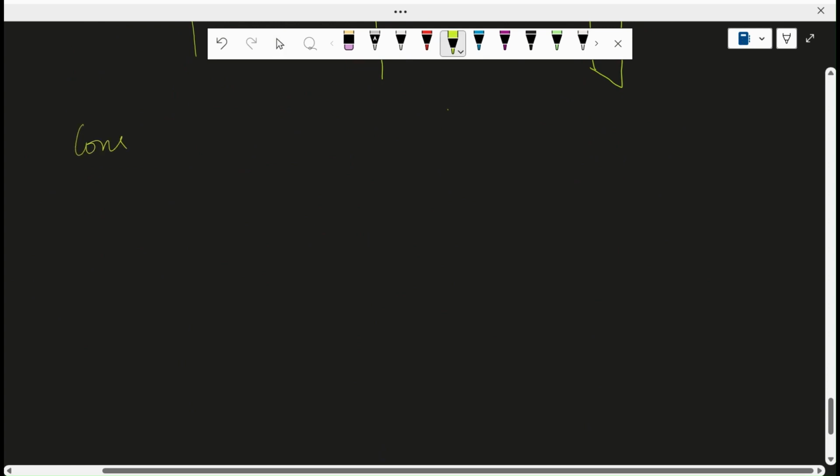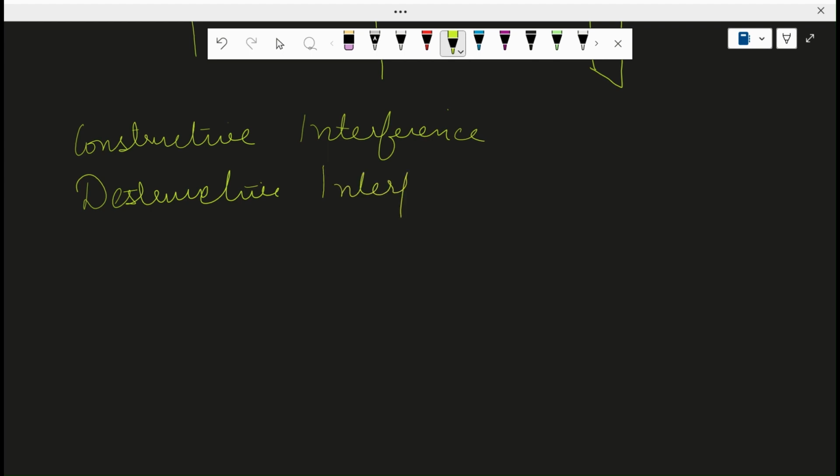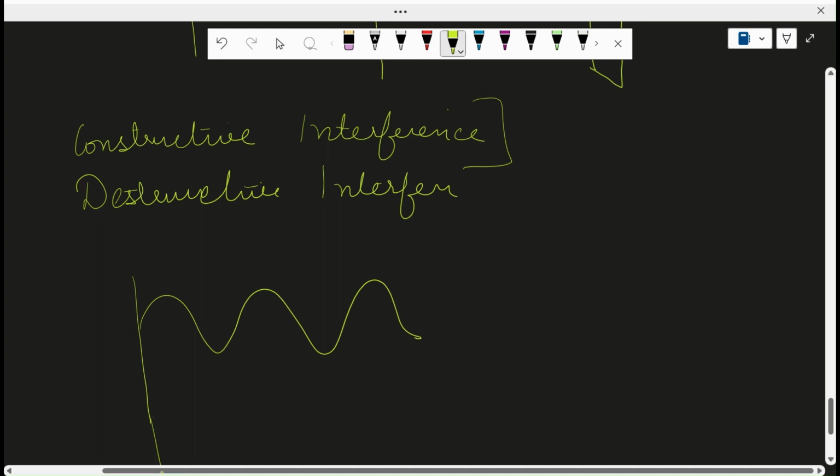Now quickly we'll see what constructive interference and destructive interference are, right? This is a waveform, right? So it is traveling, and this is another waveform, right? Both are traveling.